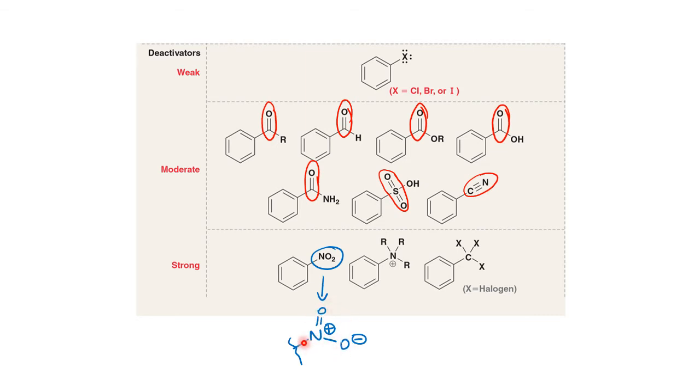So those are themselves going to pull electrons towards themselves, but we also have resonance in addition to that. Anytime you have a nitrogen with a positive charge, this positive charge can also attract electron density, so that's going to make it a strong deactivator. And when you have a carbon attached to 3 halogens, it's also going to be a strong deactivator, again pulling the electron density towards these halogen groups.